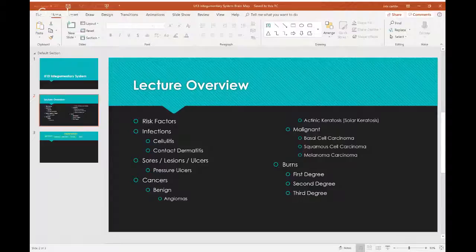What about second degree? What makes that one special? What's its special thing? Blisters. So blistering, and Ashley, are the blisters broken or are they still together? They're still intact. So still intact blisters would be second degree burns. What about third degree burns? What's that one going to be all about? It's several layers of skin.